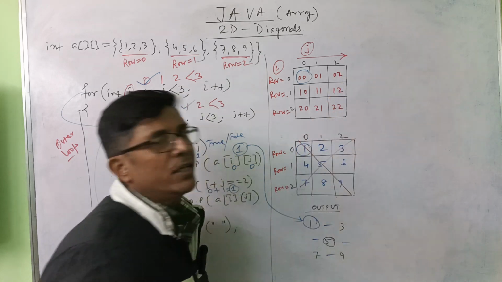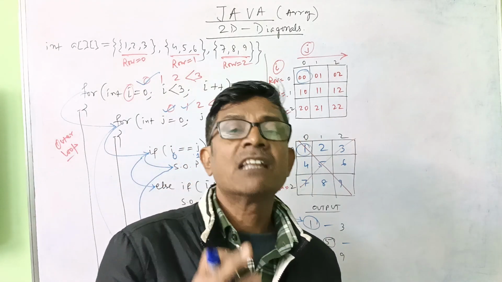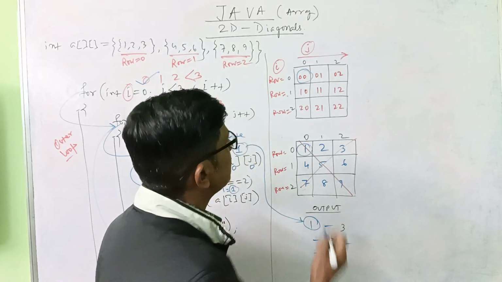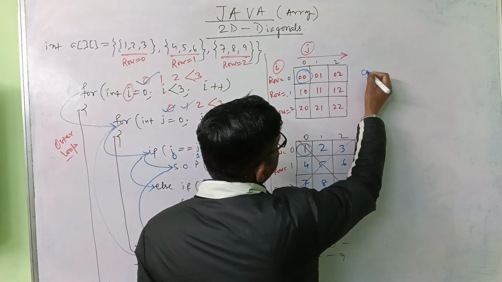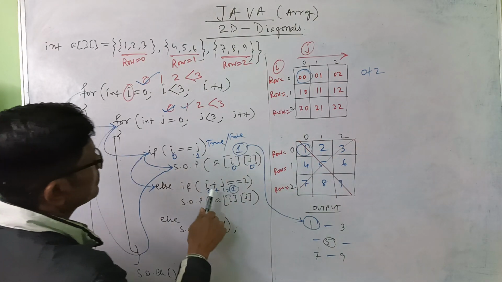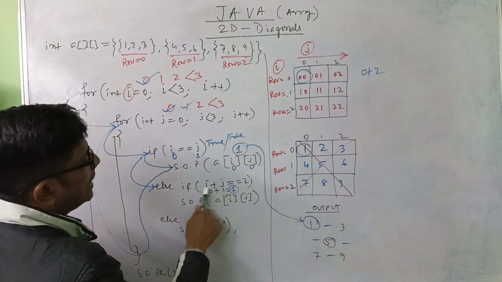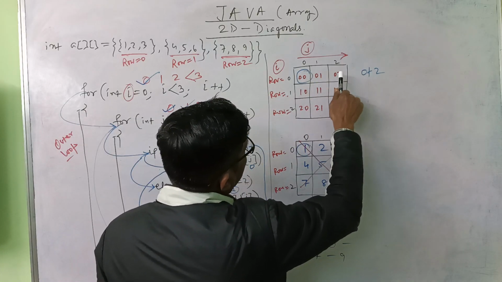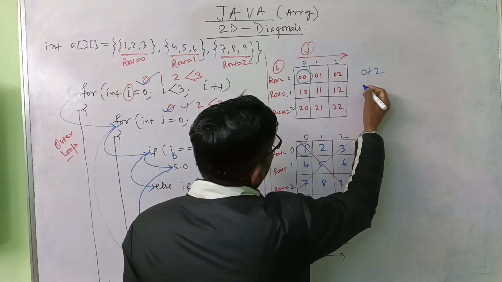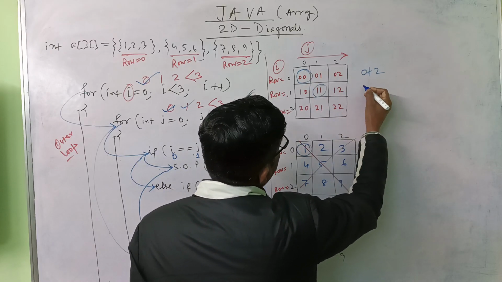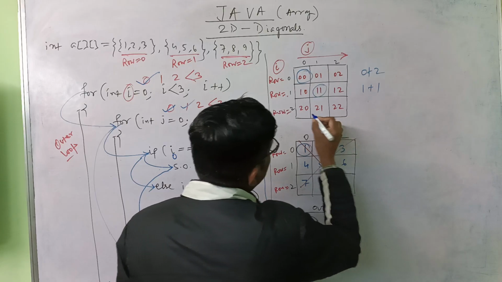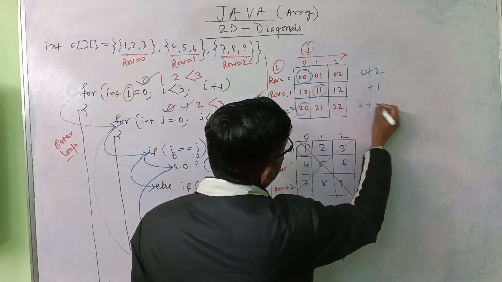You see this. To get the right diagonal, my formula is: 0 2 means 0 plus 2, i plus j value. Then this counter will follow: 1 plus 1. This counter: 2 plus 0.